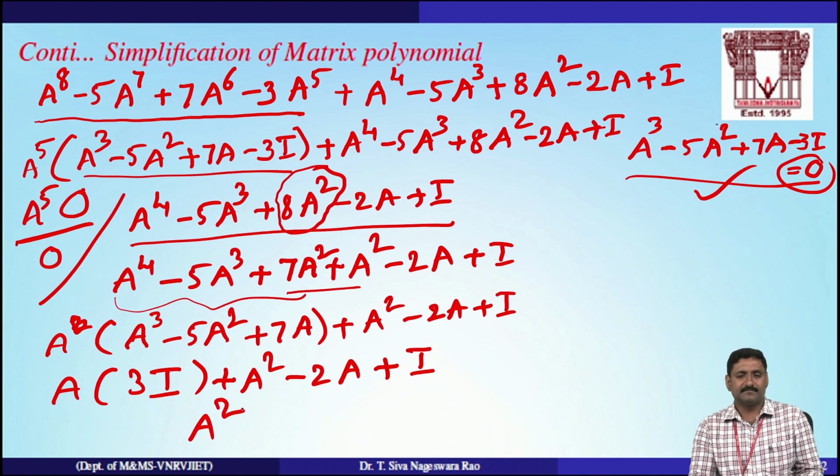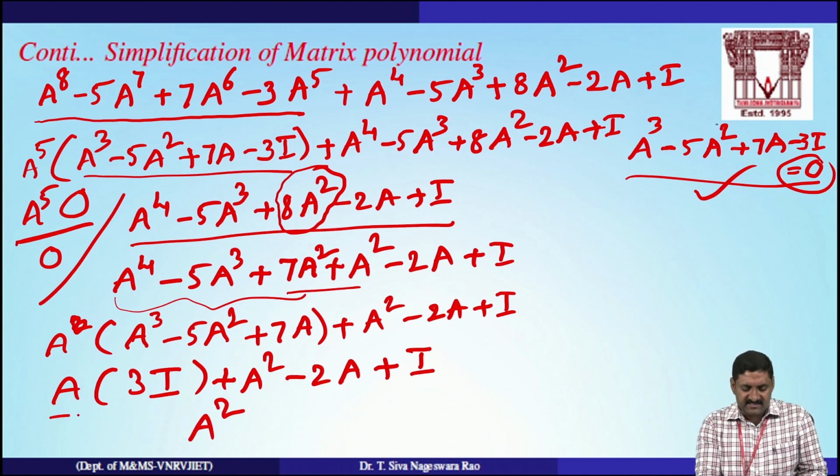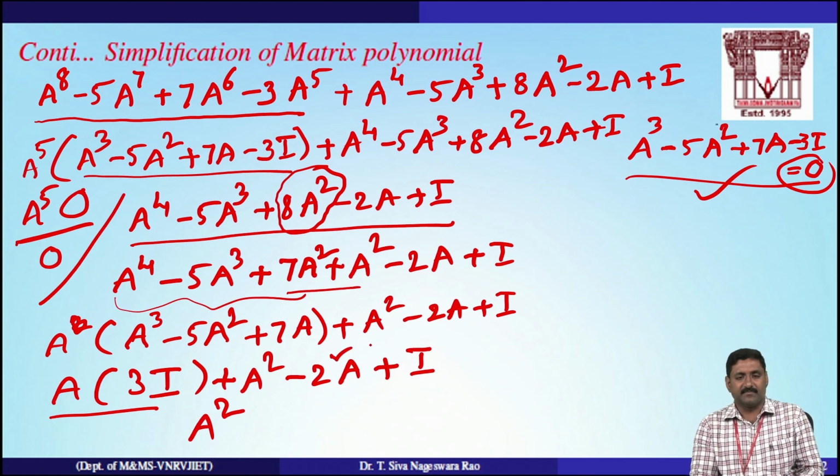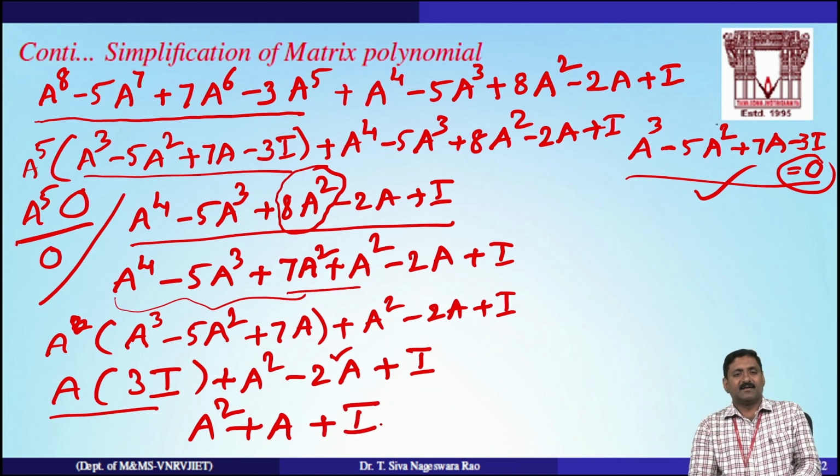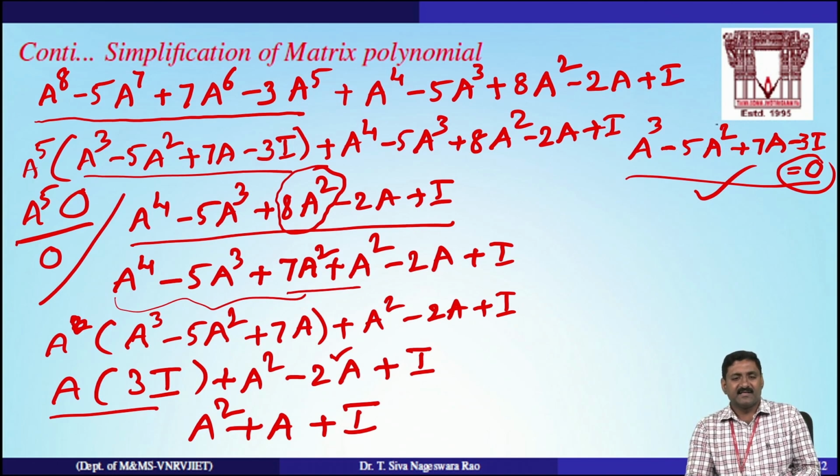A square, here it is 3A and here it is minus 2A, then you will get plus A plus I. See here the beauty of a matrix equation of order 3: reducing an 8th degree matrix polynomial into a 2nd degree matrix polynomial. Simplifying this expression is the same as simplifying the 8th degree matrix polynomial.